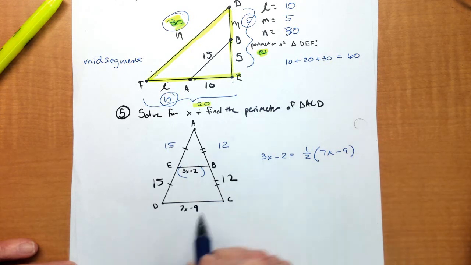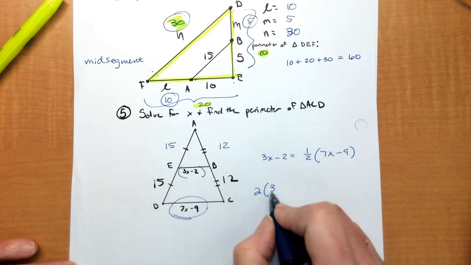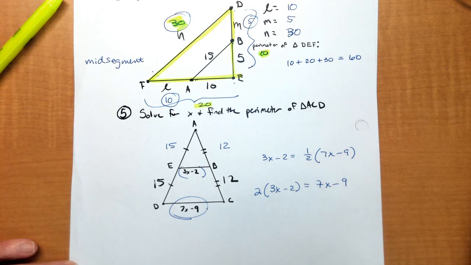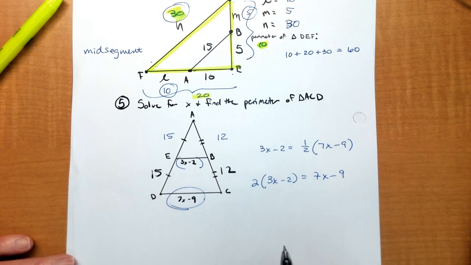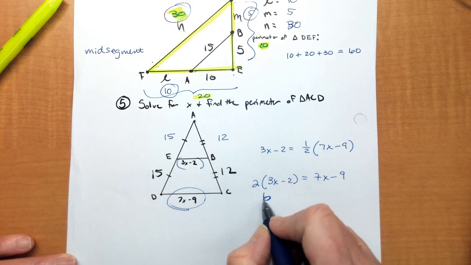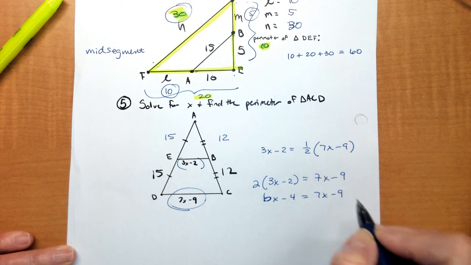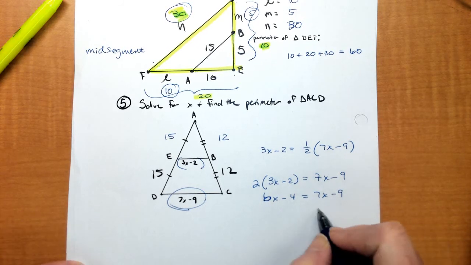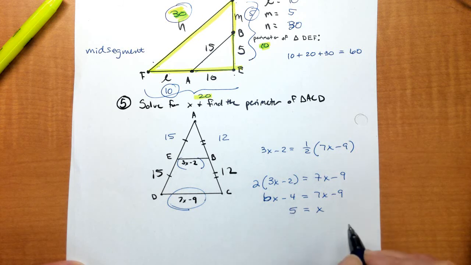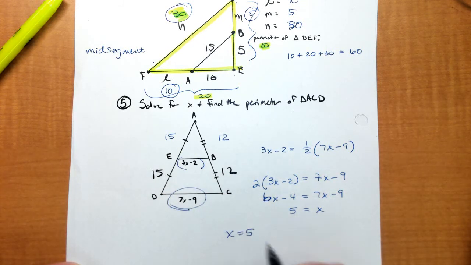So rather than taking half of the big one, I'm going to double 3x minus 2 to get the base. Now I have to distribute, so 6x minus 4 equals 7x minus 9. I'll bring over my 6x and add 9, so x is 5. So when it says solve for x, I get x equals 5.